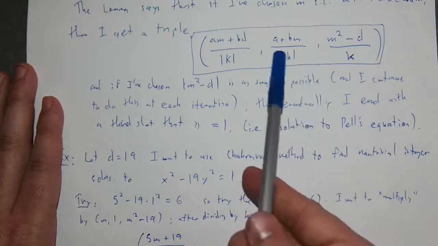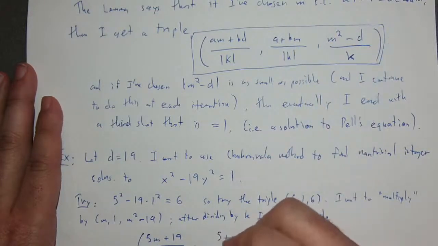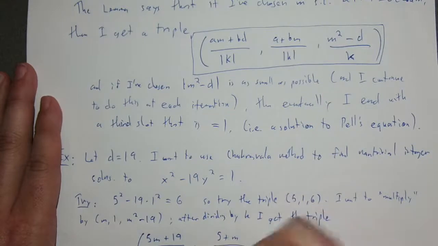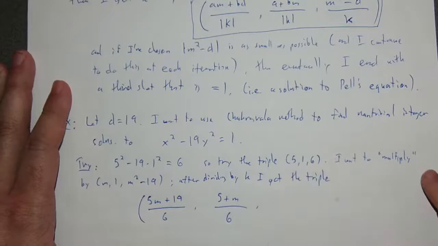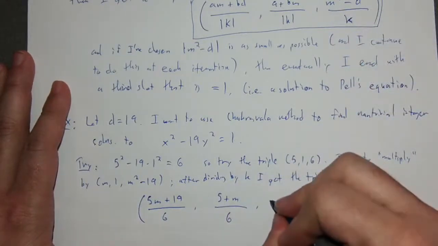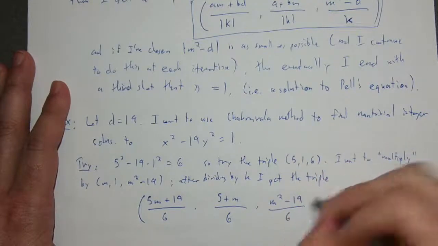Next, (a + bm), a is 5, b is 1, so this is (5 + m) over 6. And lastly, I have (m squared minus d) over k, so that's (m squared minus 19) over 6.